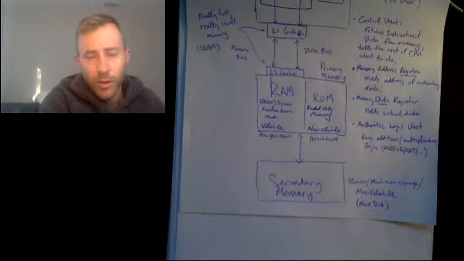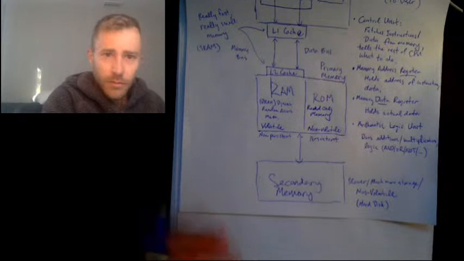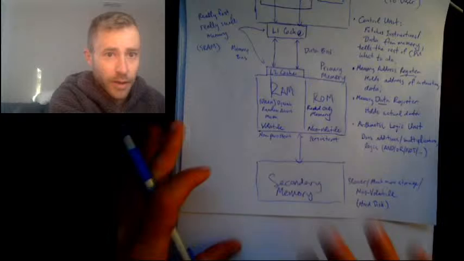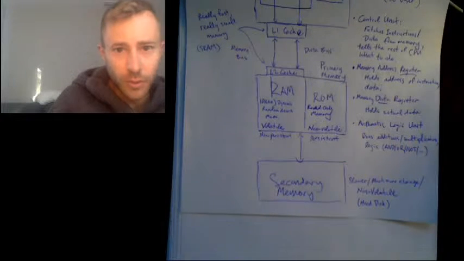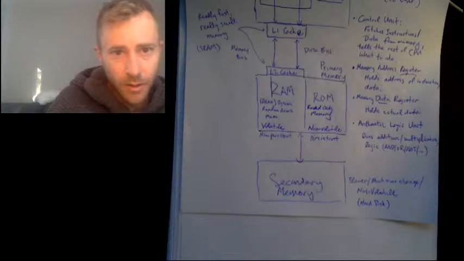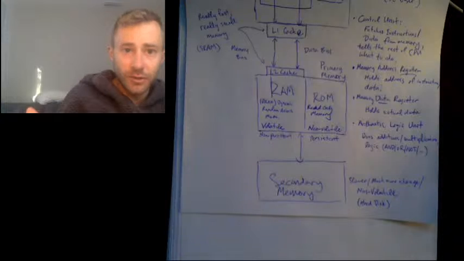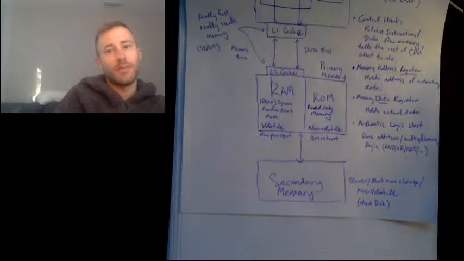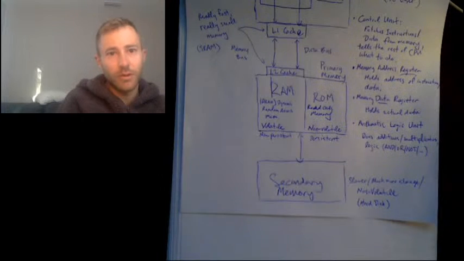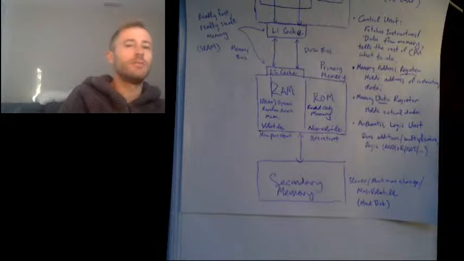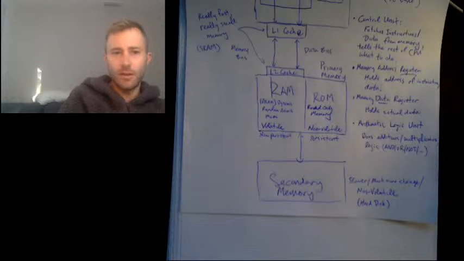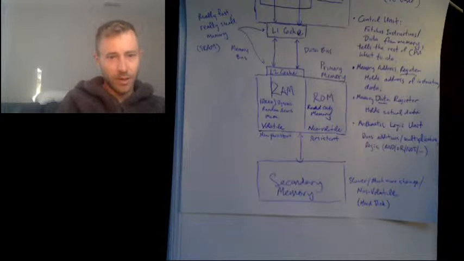So one of the things that has to happen when you turn on your computer is your operating system starts to run. So I don't know, Mac OS X or Linux or Microsoft Windows or whatever.